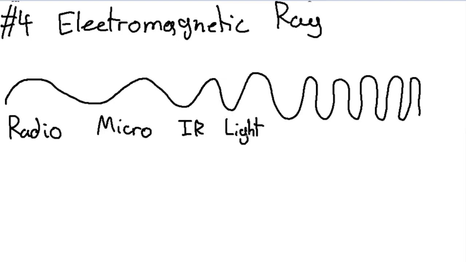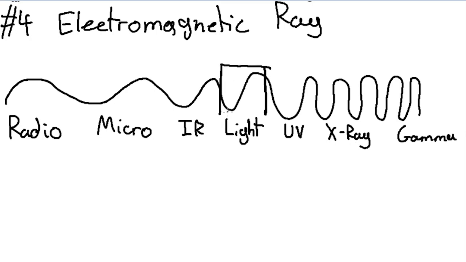So we have light, and then it goes UV for ultraviolet waves. And then it's X-ray, and then it's gamma rays. Both X-rays and gamma rays are radioactive, so be careful for that. So in this section, this section is visible light.